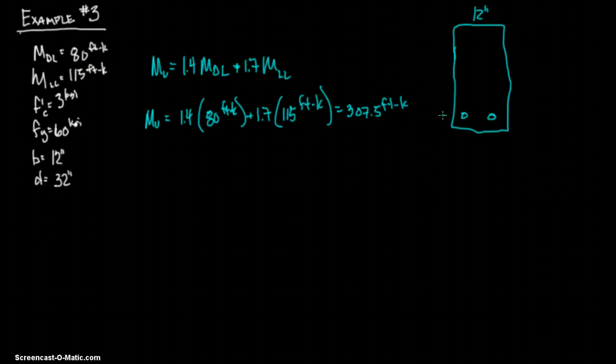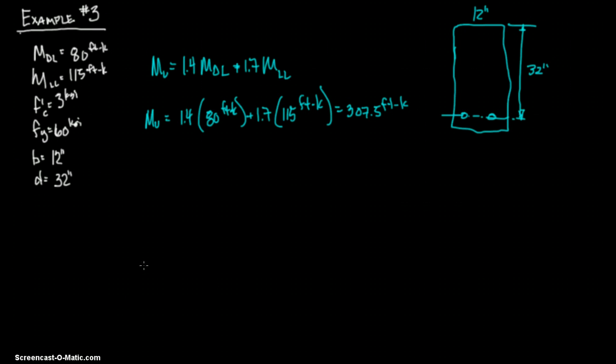Here's your steel, and we don't know how much steel it is. That's what we're solving for. We're designing for steel, but they gave us this D, and D is 32 inches. Now we need to select the reinforcing steel.